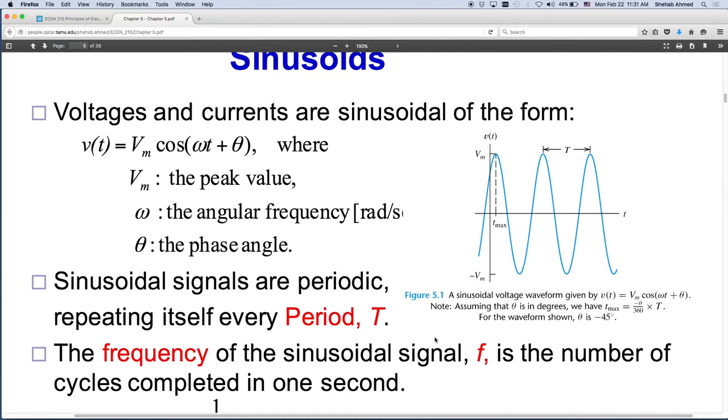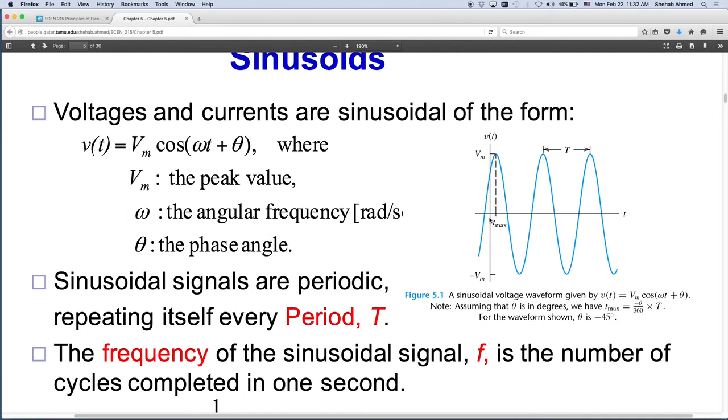This waveform will have a peak value of V max, and if it was a cosine, its peak value would start at 0. But here it's a cosine with some phase shift applied. It's a positive phase shift, so it will move to the right.